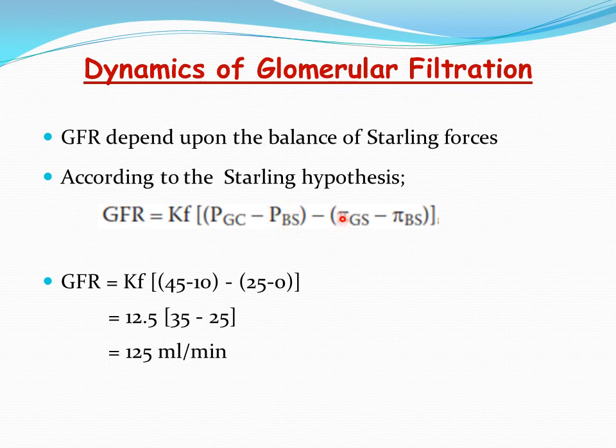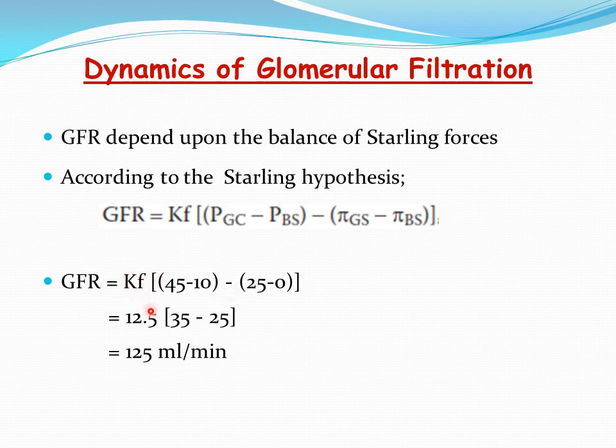Pi stands for oncotic pressure: the plasma colloid osmotic pressure of the glomerular capillary and the oncotic pressure of the Bowman's space. So these Starling's forces present across the glomerular capillary and the Bowman space will determine the GFR.